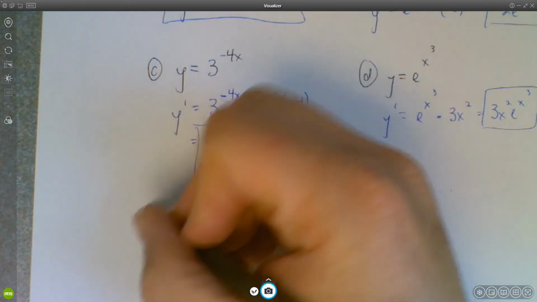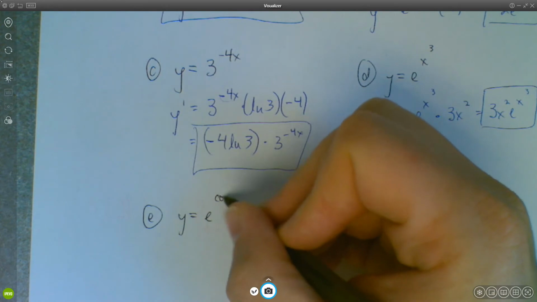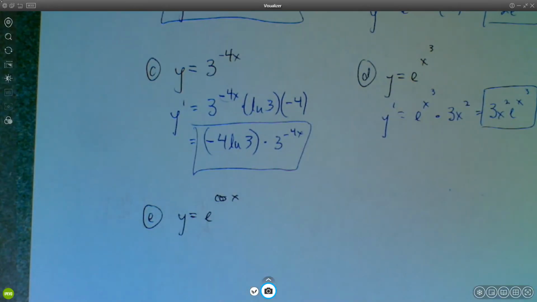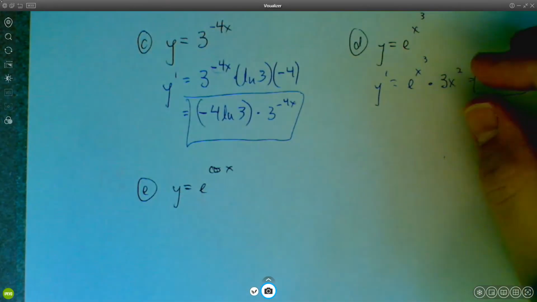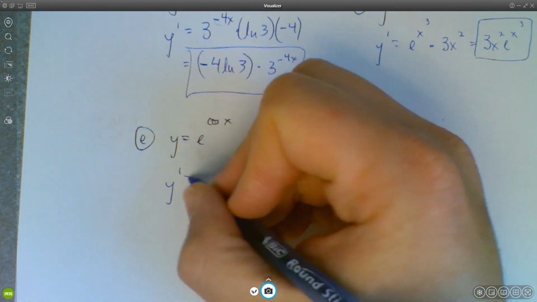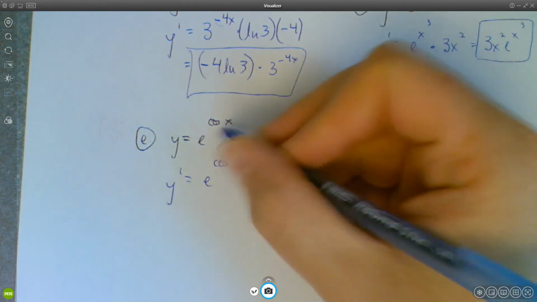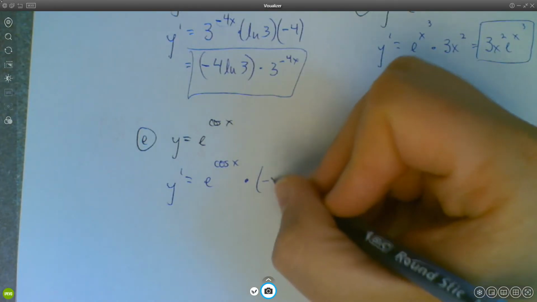Okay, one more. Pause the video, see if you can do this on your own. Y equals e to the cosine x. Give it a try. Okay, so this is going to be y prime equals the function itself times the derivative of the exponent. Derivative of cosine is negative sine.